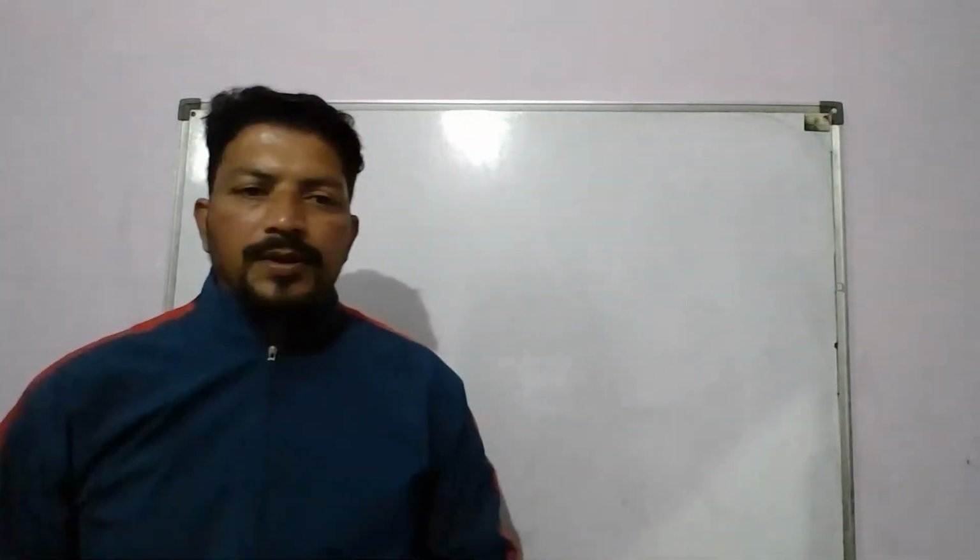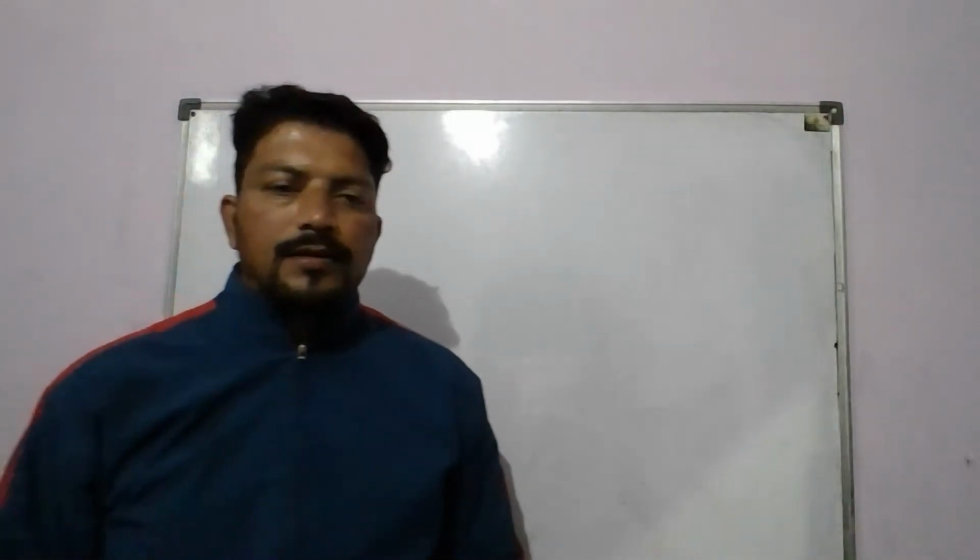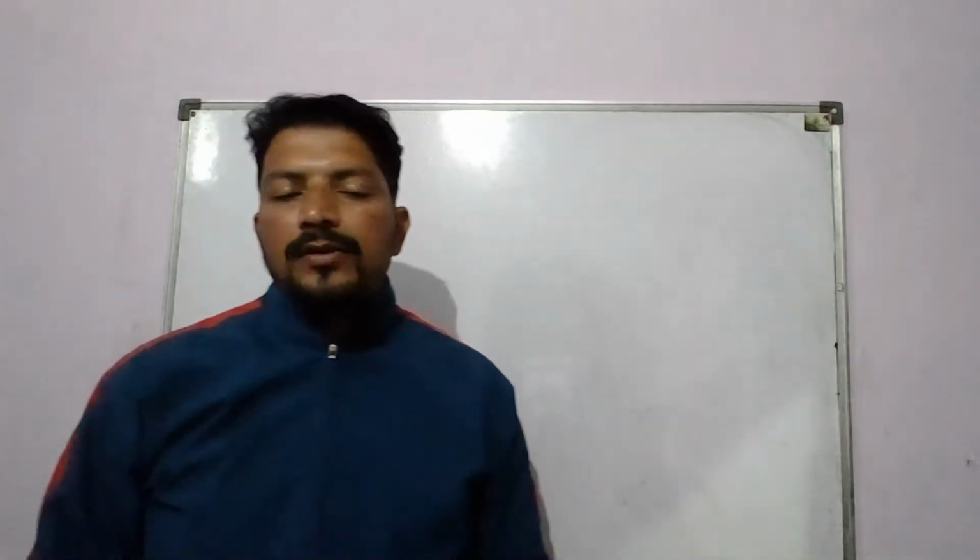So, today we will start the next chapter of Optics, Grade 12, that is refraction of light. In the previous video, we discussed the reflection of light, and we solved some numericals and some shortcut tricks on plane mirrors, and some numericals from your NCERT and your NEET or JEE exam.